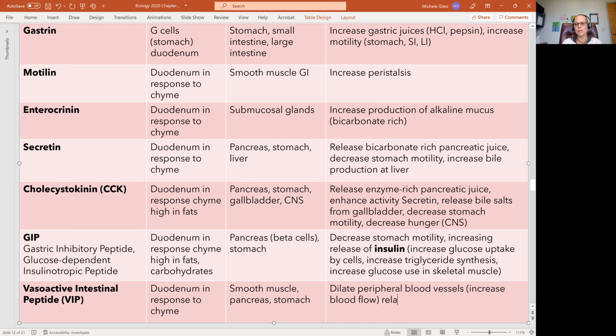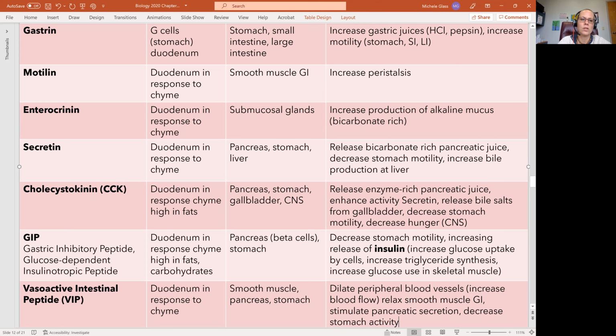We also see that this is helping to relax some smooth muscle in the GI tract. We're going to stimulate pancreatic secretion. And we're going to decrease stomach activity.